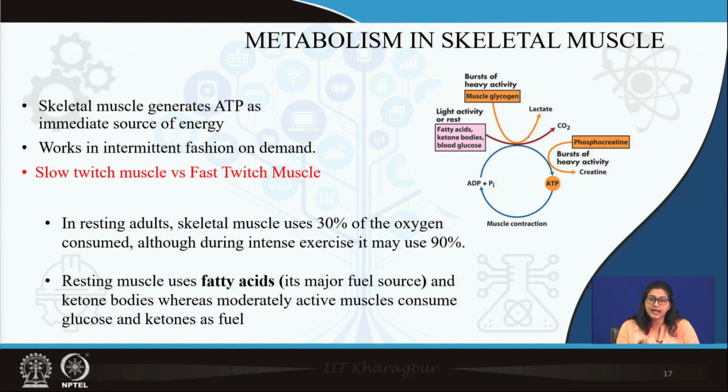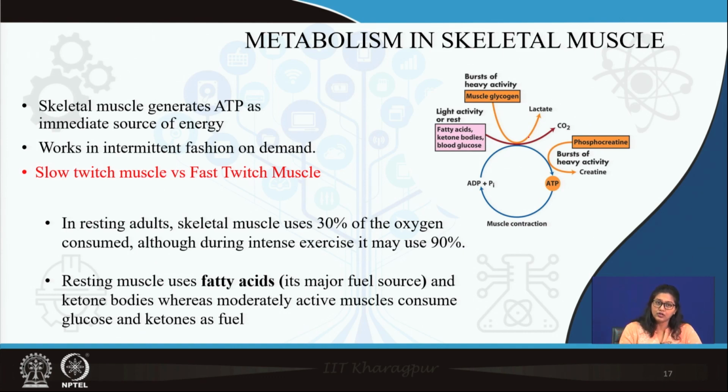Now, in skeletal muscle, the muscle fibers can be of two types, one is slow twitch muscle, another is fast twitch muscle. Slow twitch muscles act slowly, but in a steady fashion. The contractions occur in a steady fashion and they are rich in mitochondria. That's why they are also called red muscles. They are rich in mitochondria as well as capillary supply.